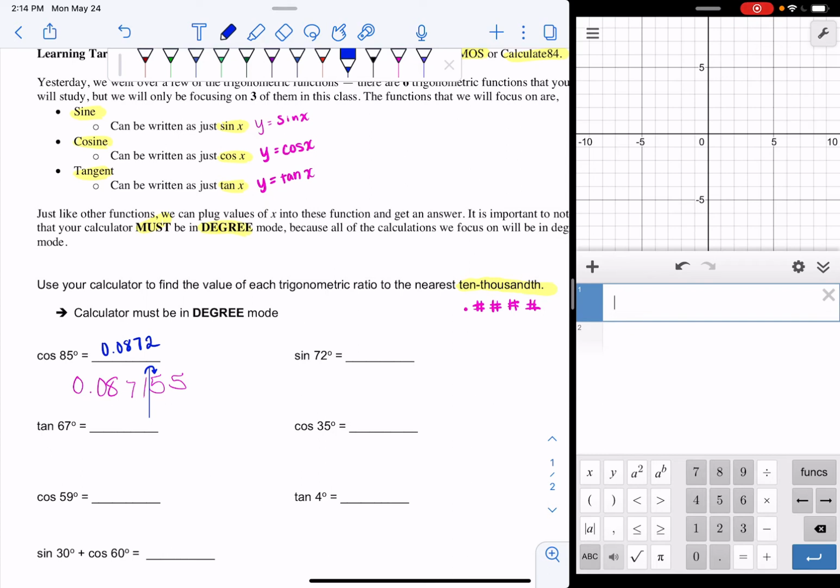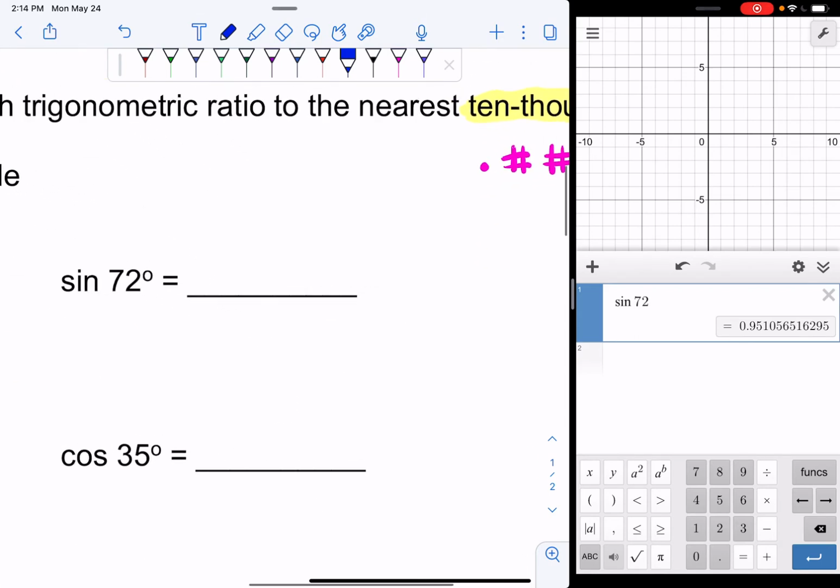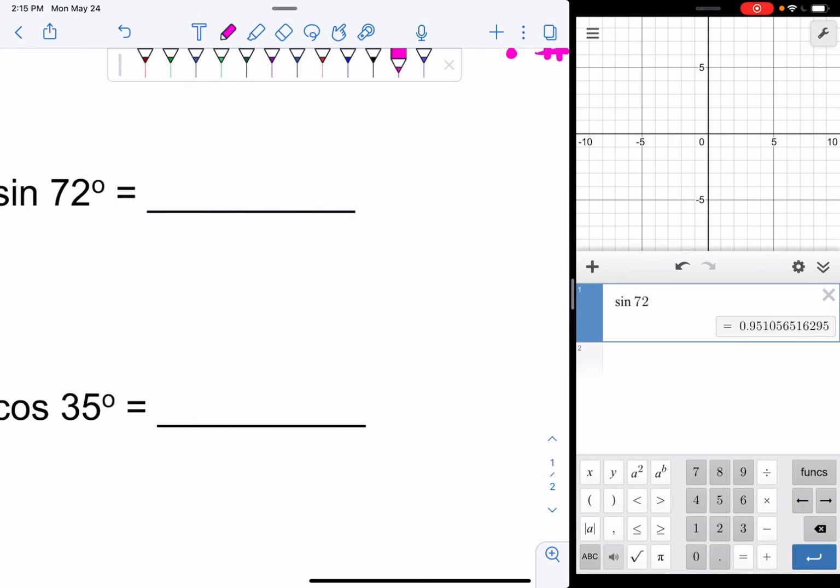Now I want to find the sine of 72. I type sine 72, and I get 0.9510565. It's a mess. Again, we're only going to write the first 5 or 6 numbers, so 0.951056.